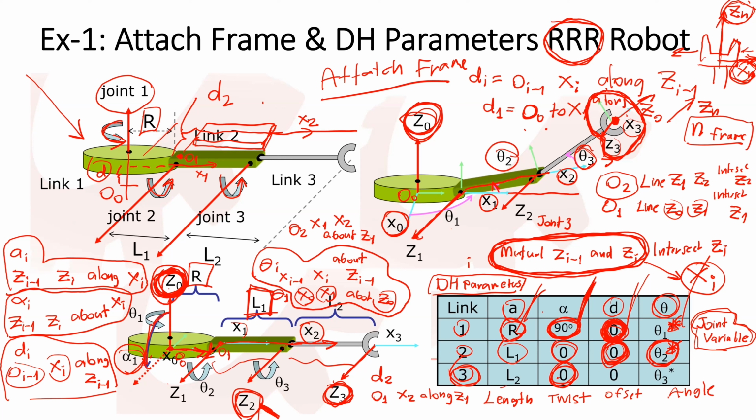So if you see in the table, we have the same pattern of parameters for this link. But if you try a different arrangement of frame 3, if you put C3 in this direction, for example, you may have different parameters here.